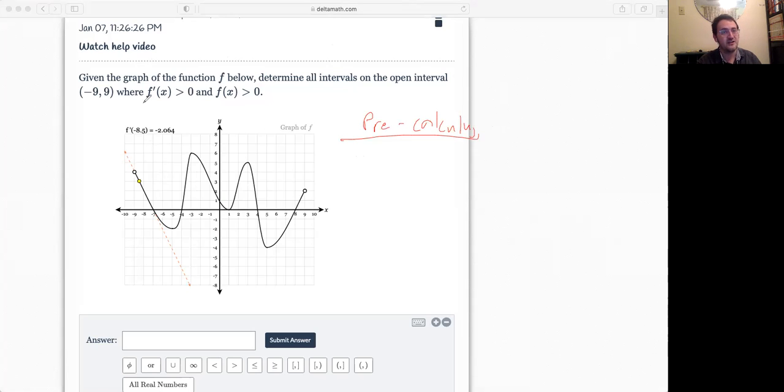If the derivative is greater than 0, this means that the function is increasing and our y values are in the positive range. You could just say f of x is greater than 0, but basically this problem asks: where is the function increasing and positive?